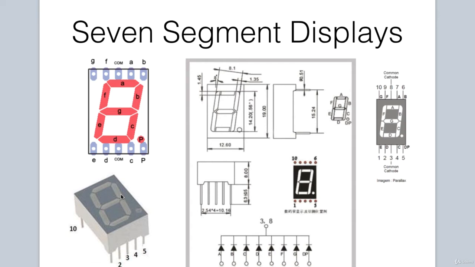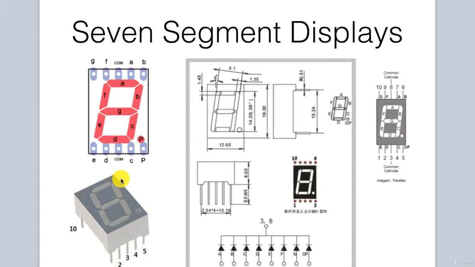How would we accomplish that? Now remember, 2 would look like this. So in order for 2 to be displayed, segments A, B, G, E, and D have to be lit.